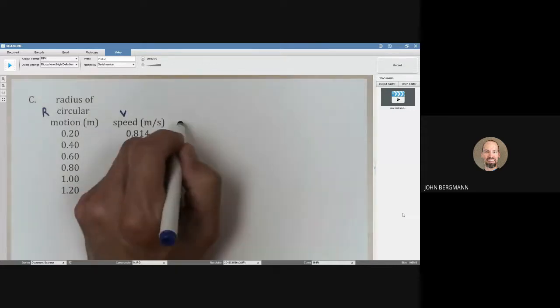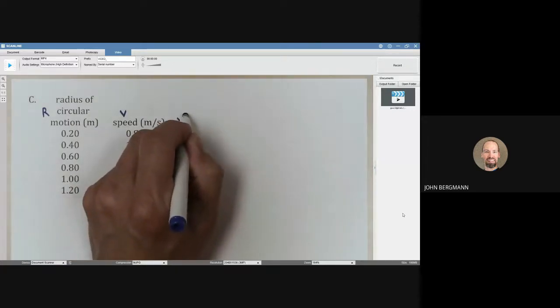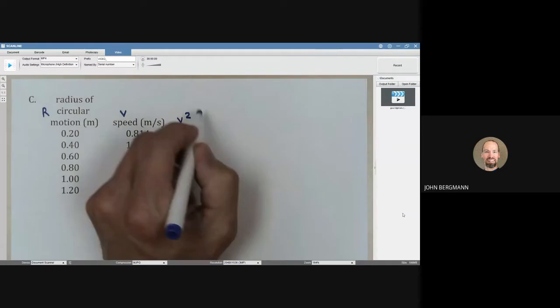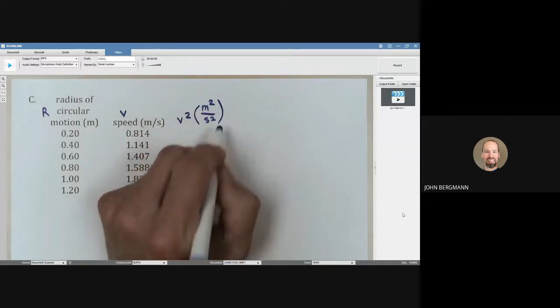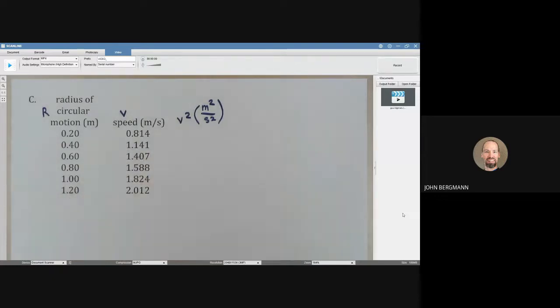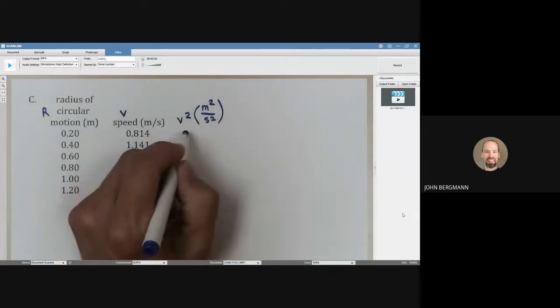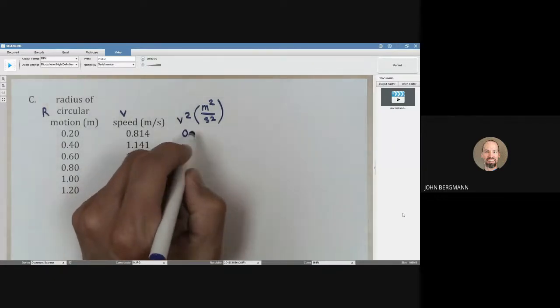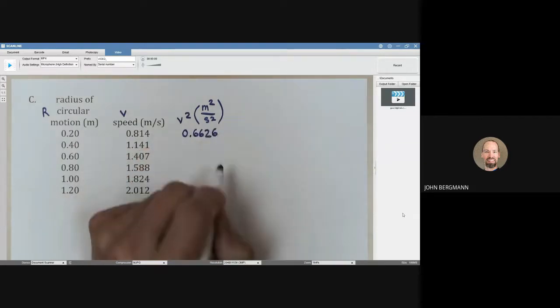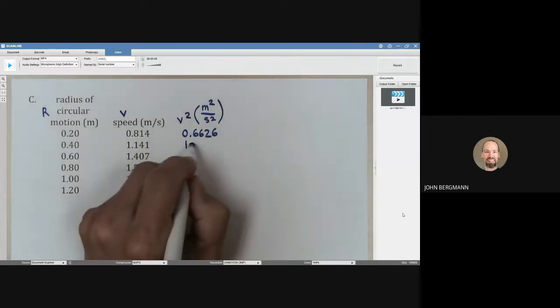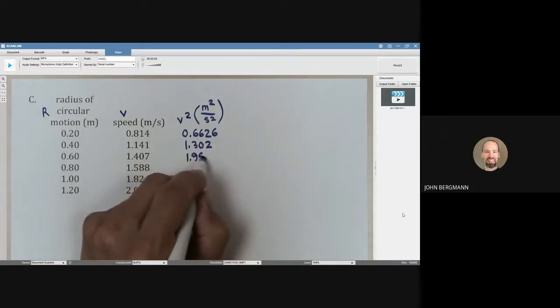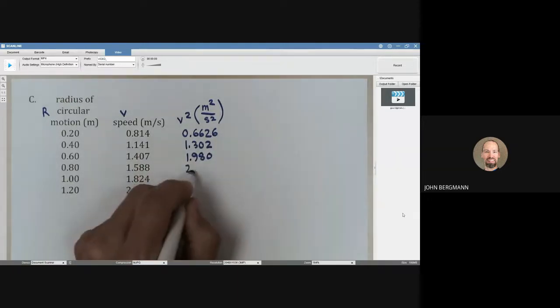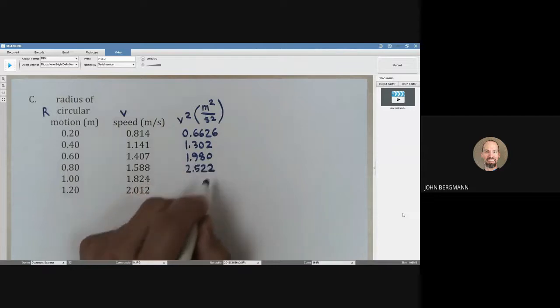So now we make a new column, we put a new variable, and we put a new unit that is going to reflect what we're doing. I've already done this, so we aren't going to waste time calculating this together. 0.6626, 1.302, 1.980, 2.522, 3.327.